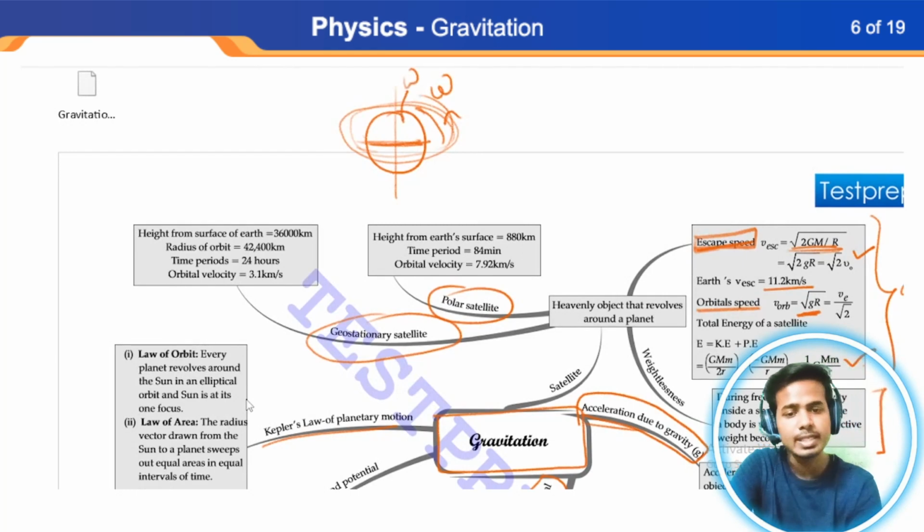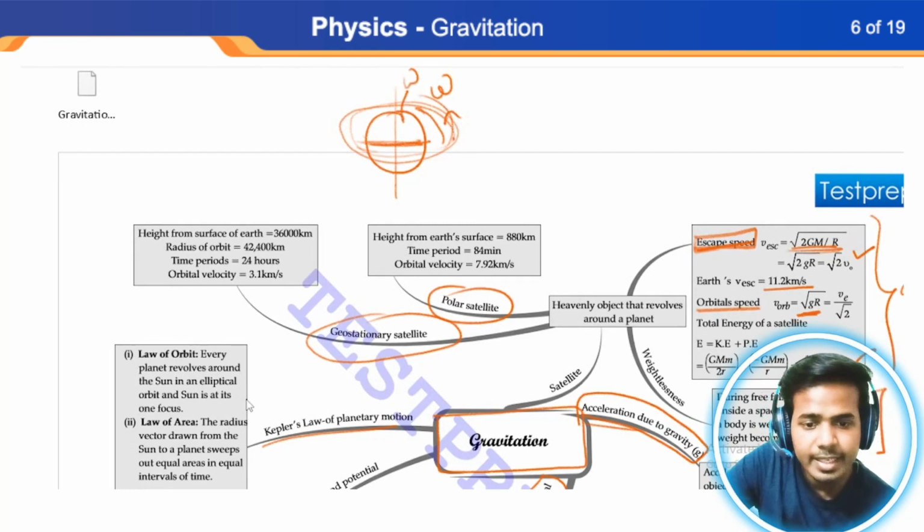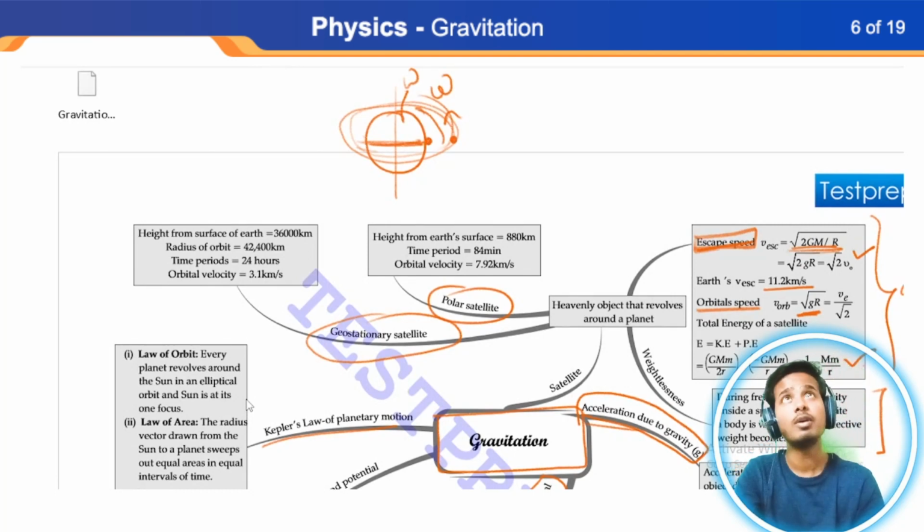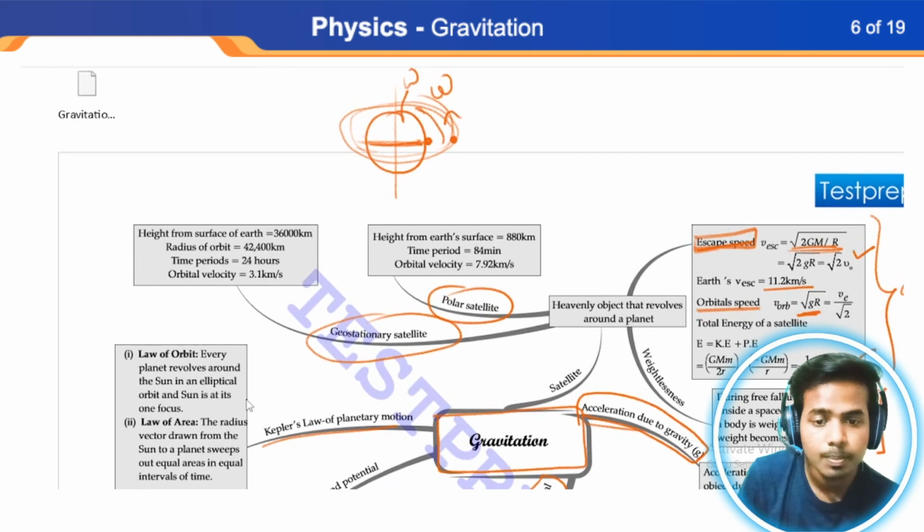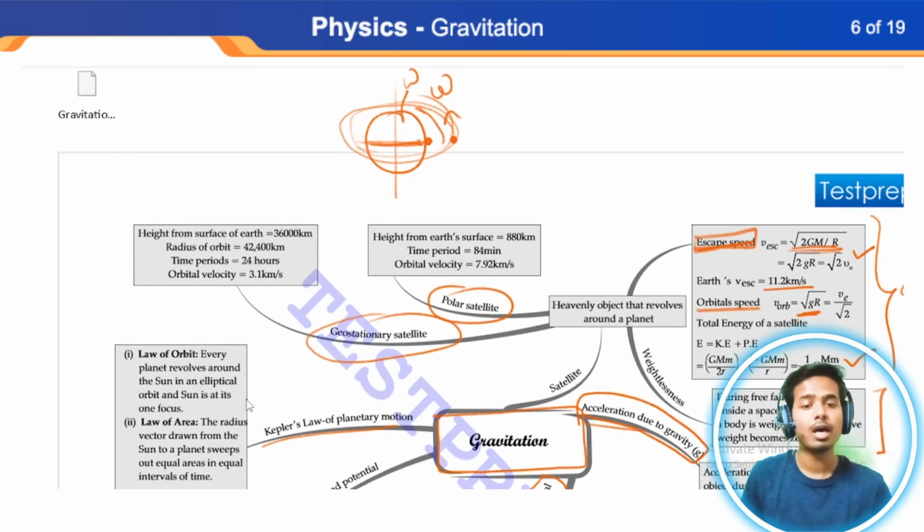If a person looks above, he will see the satellite above him. As the earth rotates, the satellite also rotates with the same angular velocity, so the person sees the satellite as stationary. That is called a geostationary satellite.